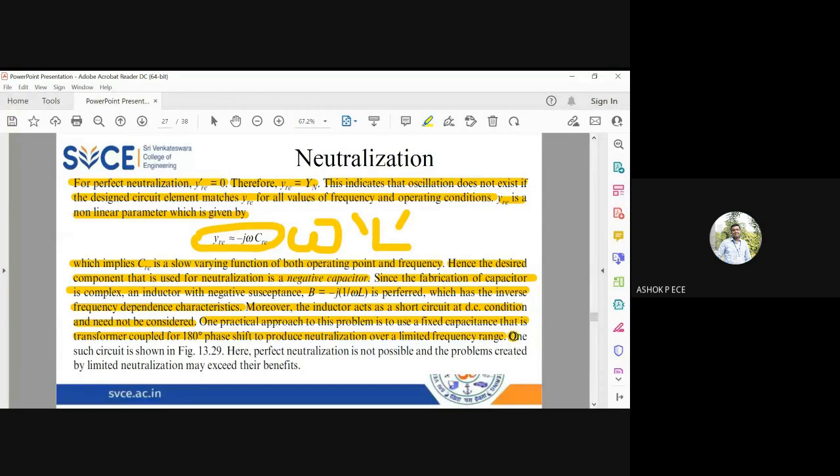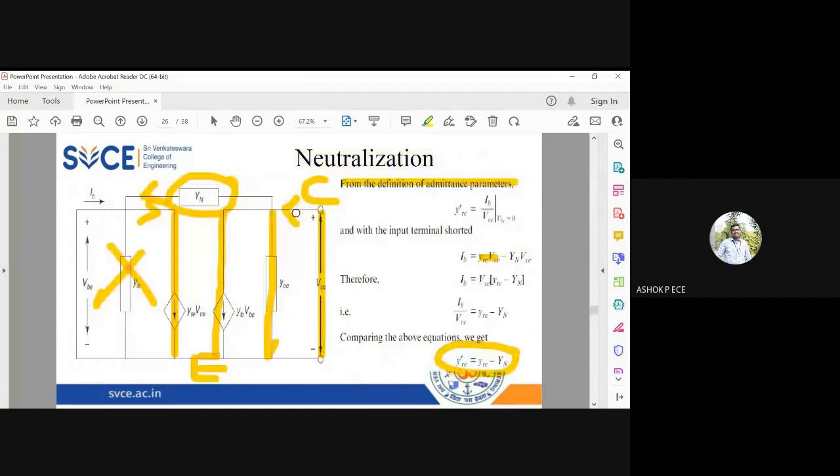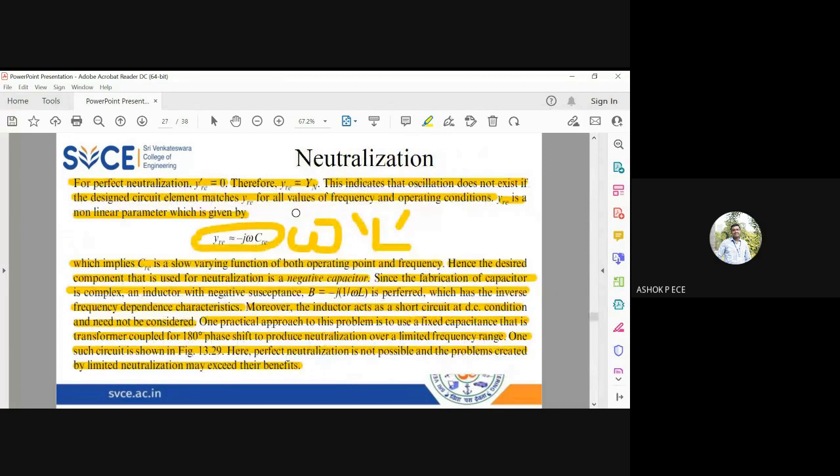So one such circuit which is going to be helpful in neutralization is the Hazeltine neutralization technique. Okay, the basic concept of neutralization is very simple. I have a positive feedback and I am going to make it zero. I cannot blindly make a positive feedback signal zero.